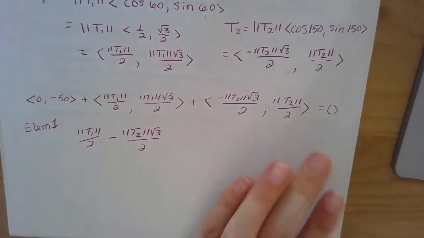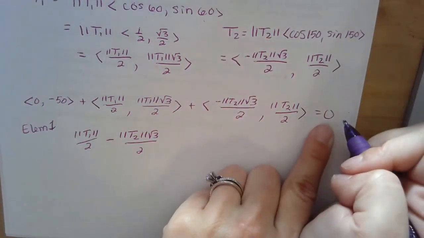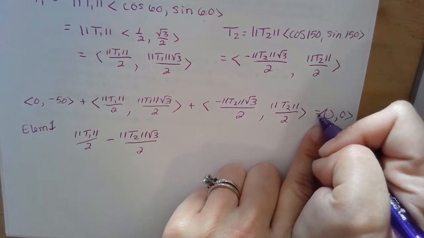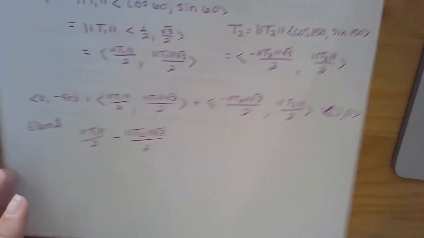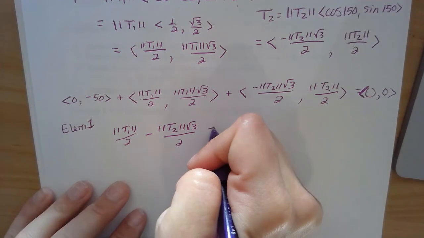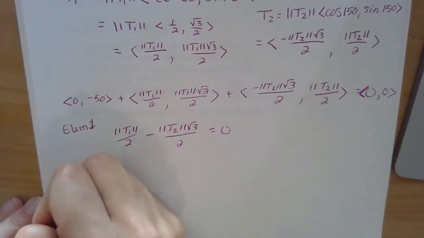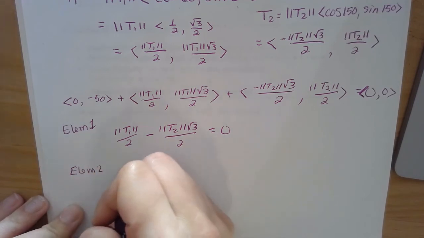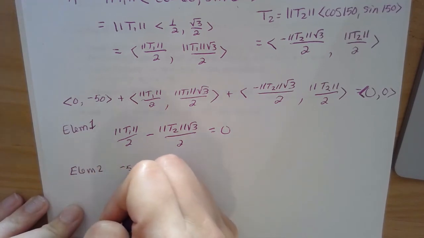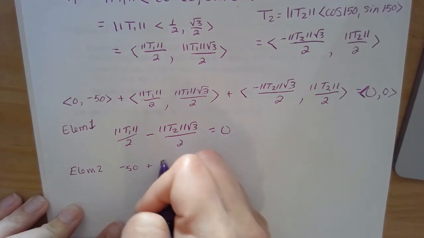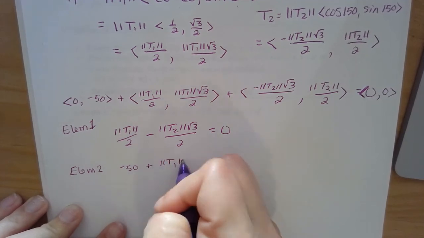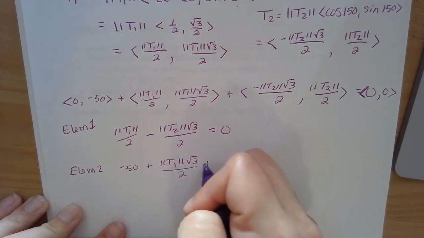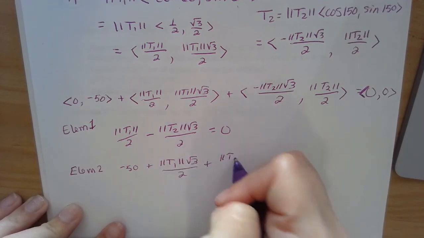And now what I actually could write this different is this being 0 is also the vector 0, 0. Okay, so that means this element 1 equals 0, and element 2, I would get negative 50 plus magnitude tension 1 plus magnitude tension 2.